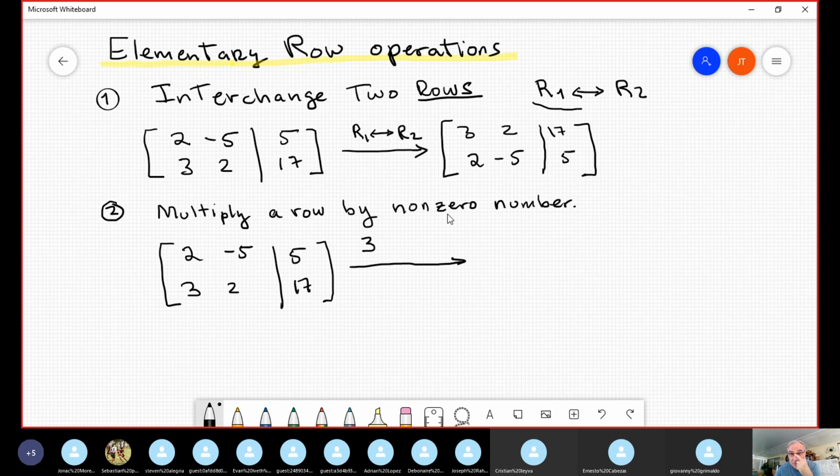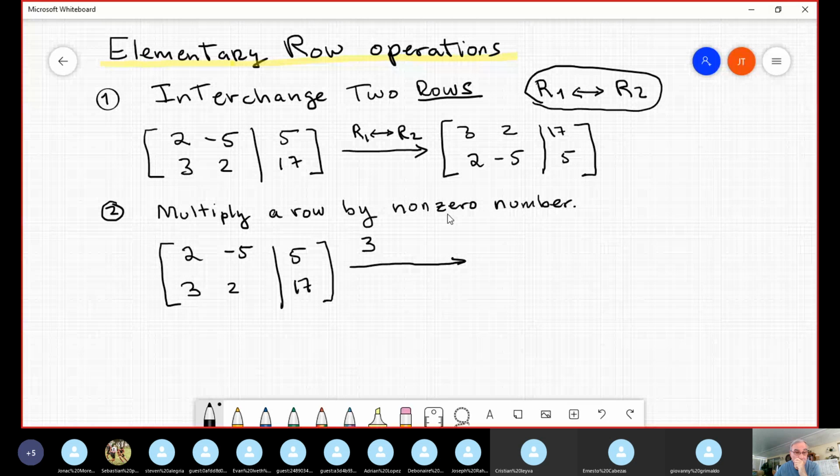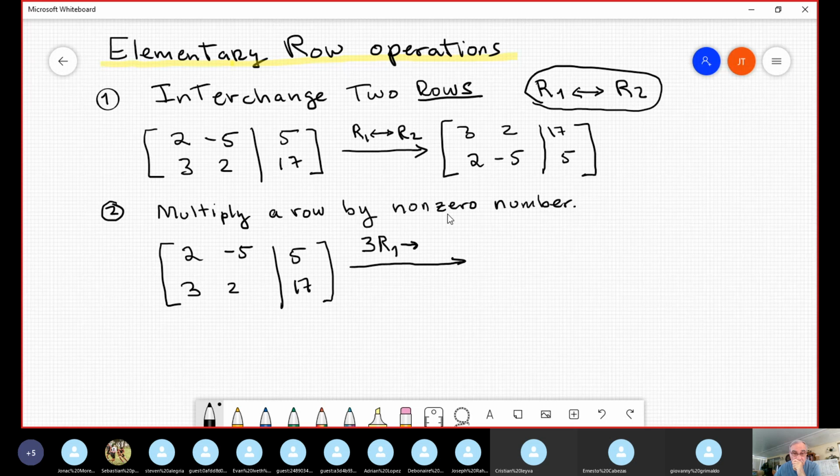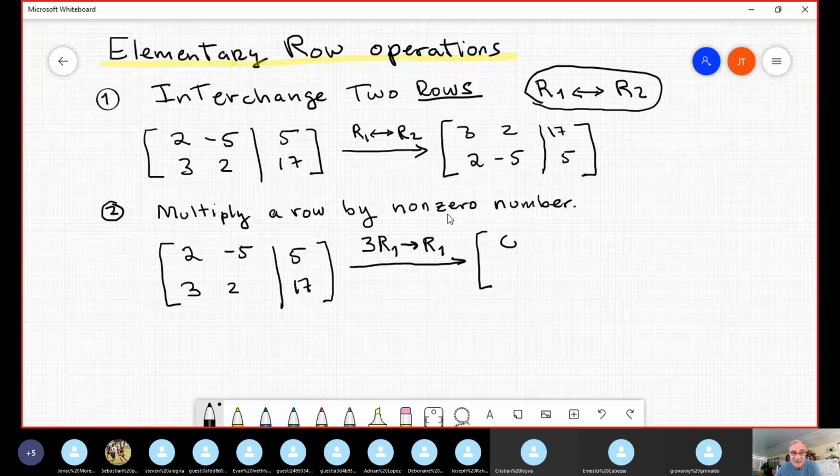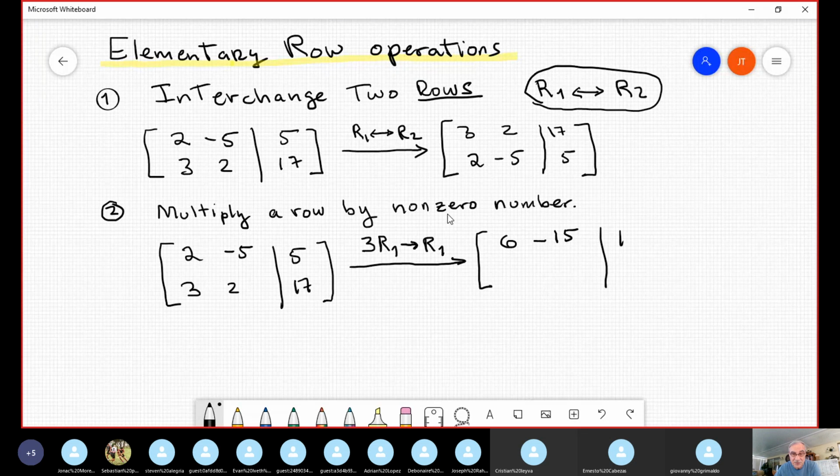That was the first. But the second is, suppose 3 row 1 arrow row 1. What does that mean? You multiply the entire row 1 by 3 and store this new number in row 1. So basically it is 6, -15, and positive 15.